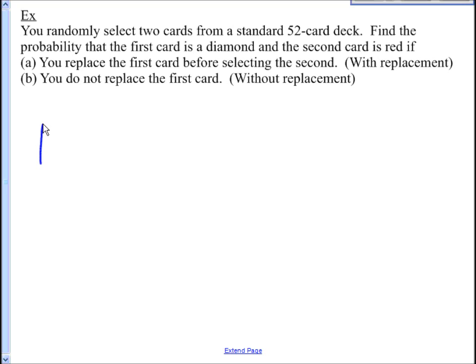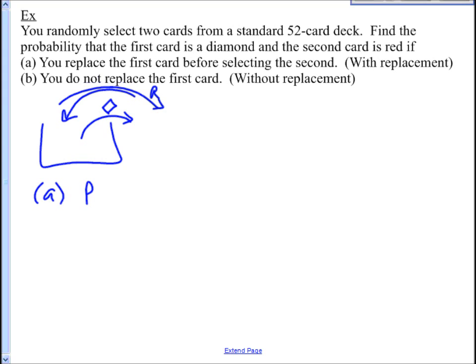Because you take a card out, the first card's a diamond, and then you put it back, and then you're pulling a second card as a red. Okay, so a probability of a diamond and a red.